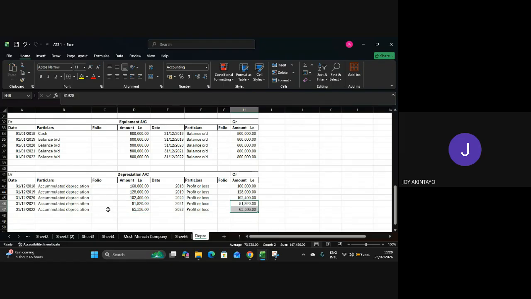So accumulated depreciation. Our accumulated depreciation, we always start from the credit side.